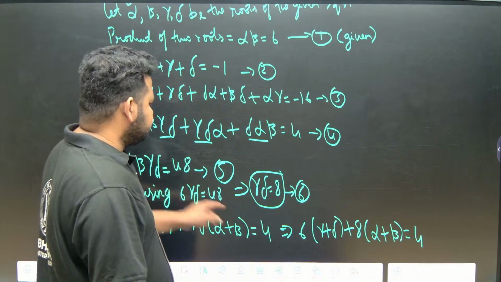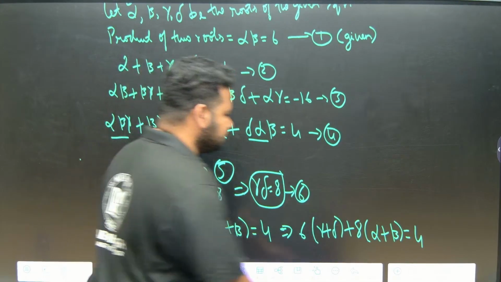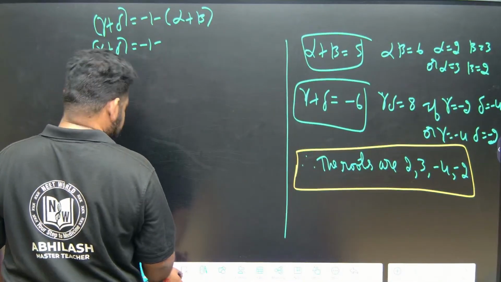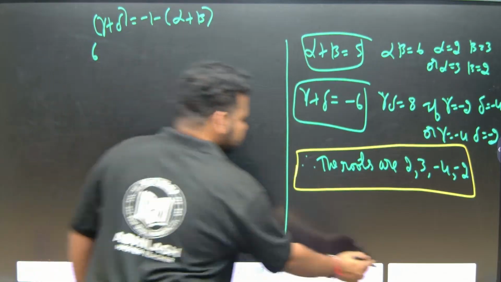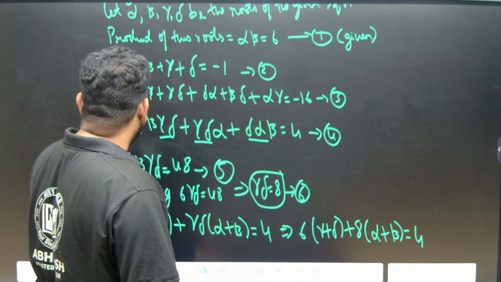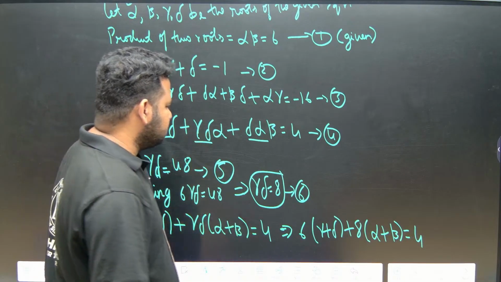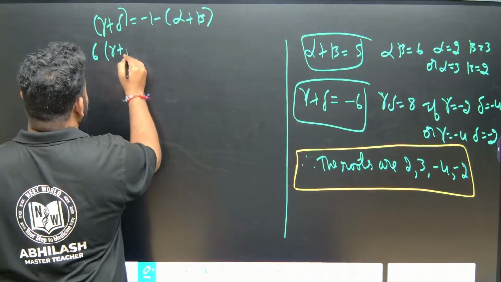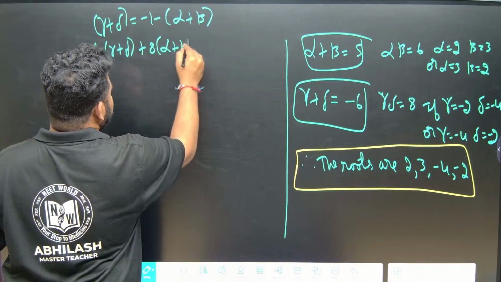So here what I can do: 6 times gamma plus delta, plus 8 times alpha plus beta is equal to 4.